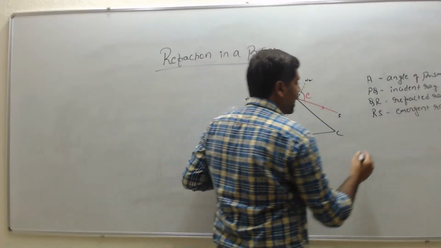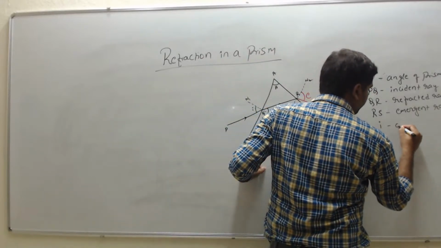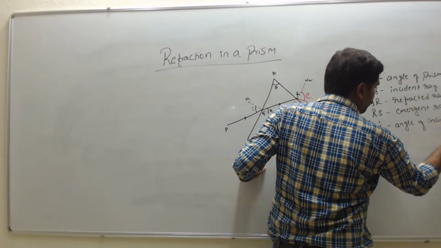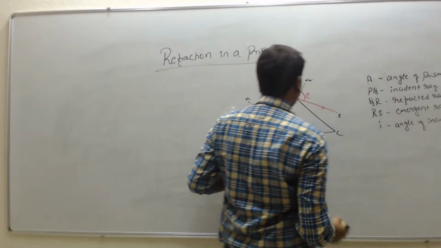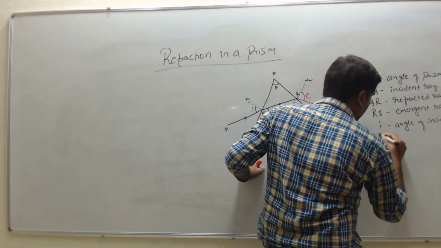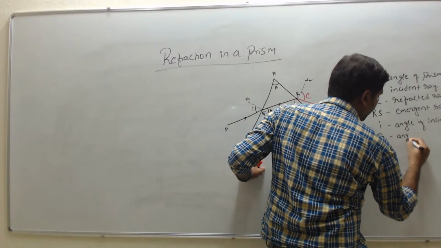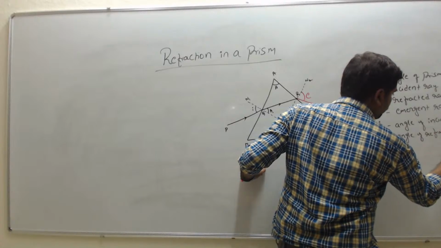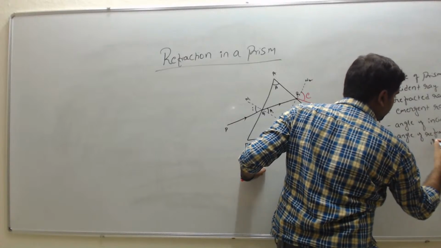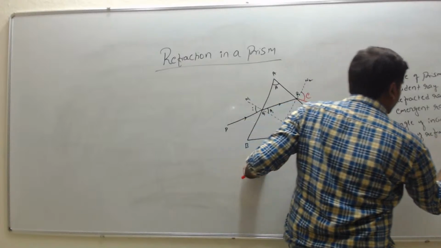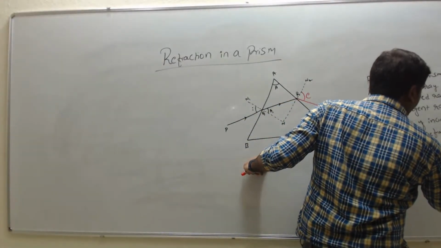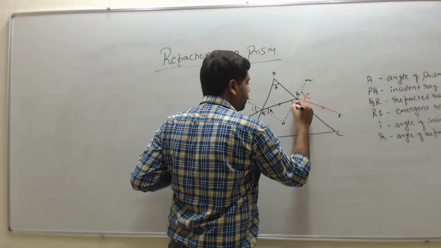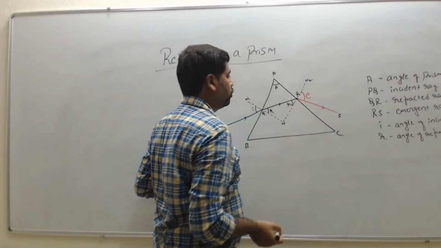Next, I is the angle of incidence, and here is R1. R1 is the angle of refraction at the first surface, that is, the angle of refraction at surface AB, and here is angle R2.